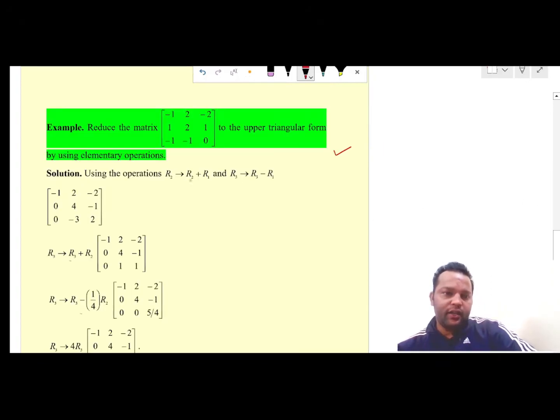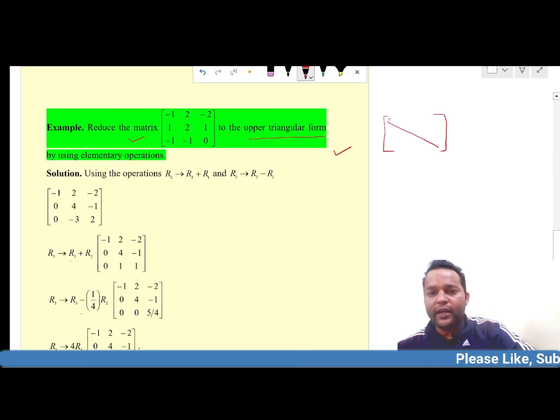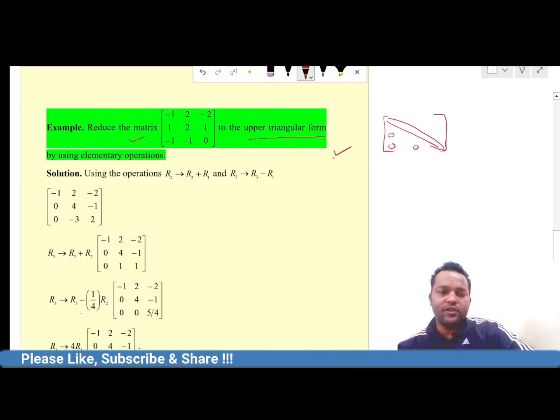With the help of this example, we can easily see how elementary transformations can be applied to a matrix. Suppose the question is to reduce this matrix to the upper triangular form. Upper triangular form is a form in which all the entries below the leading diagonal are 0.